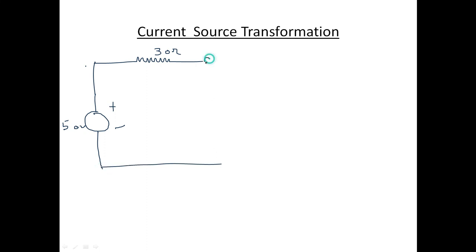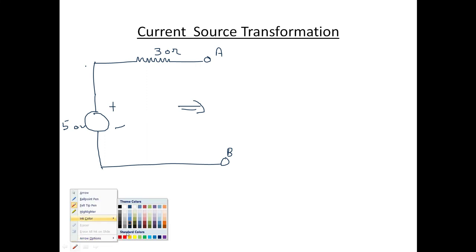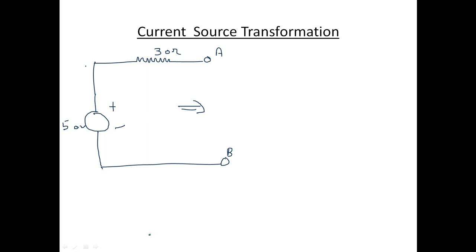This is our A point and this is our B point. Now we have to change this transformation into current source transformation. So let us see how we can change it in the circuit.